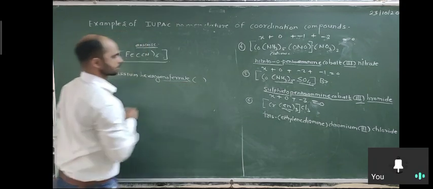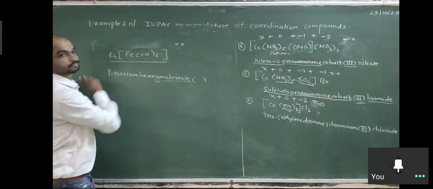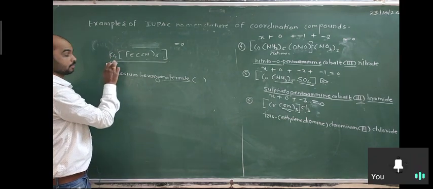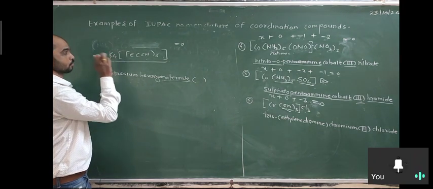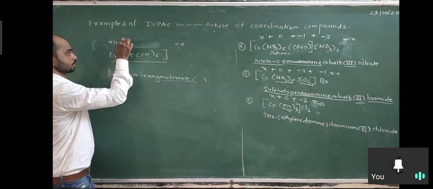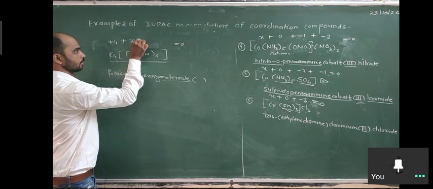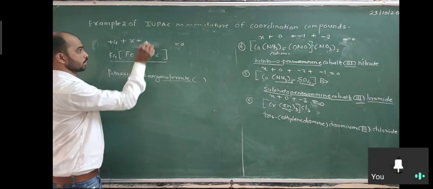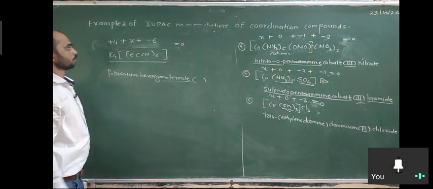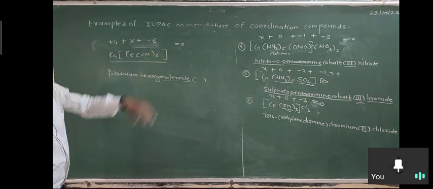Then oxidation state. What is oxidation state? Finally you can consider 0. Here is the cation. It has +1 charge because it is an alkali metal. So +4 charge is here. Plus, if we consider Fe as x, CN shows -1, so here is a -6. So +4 plus x plus -6 is equal to 0.